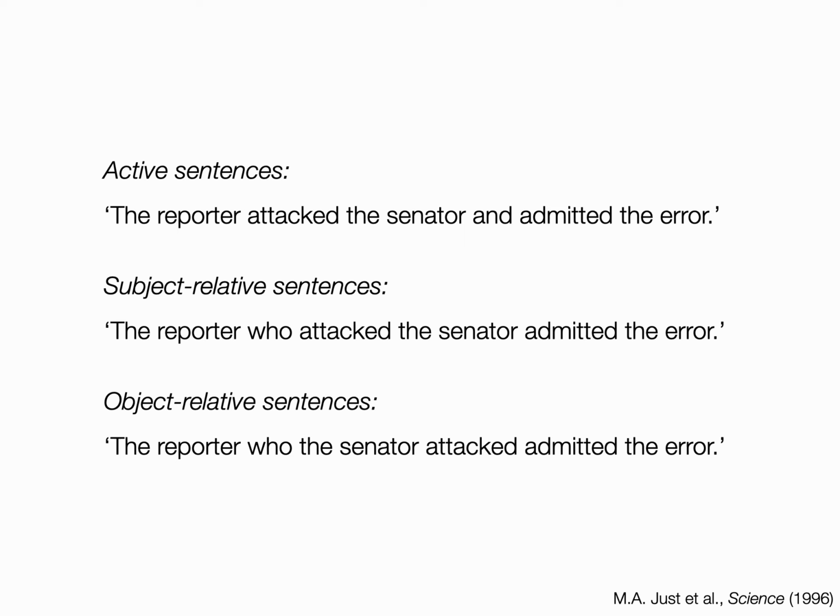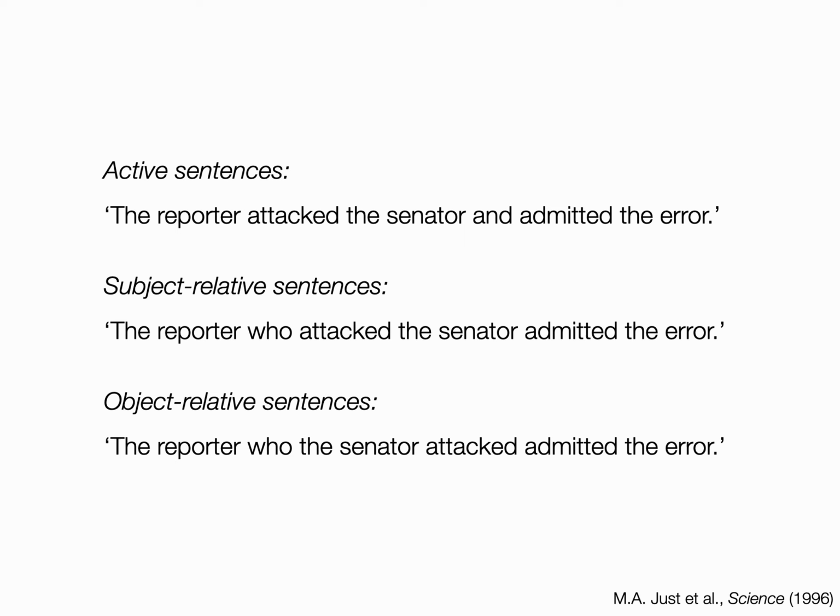So the meaning is the same as in the active sentence, but the syntactic structure is more complex. And finally, they had object relative sentences, like the reporter who the senator attacked admitted the error. Here, the senator attacked the reporter and the reporter admitted the error. The object relative is the hardest to process among these three sentence types.